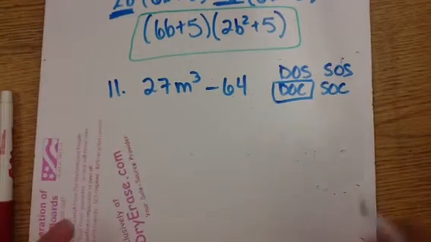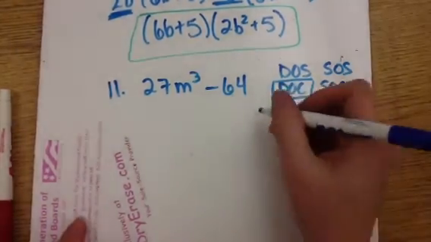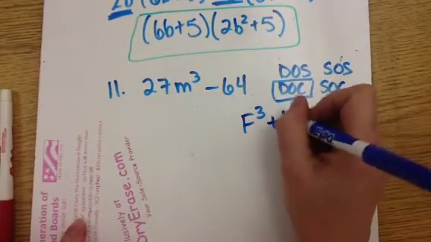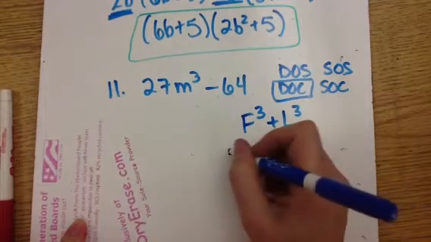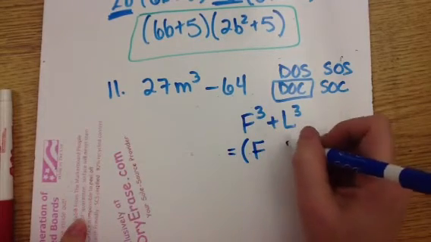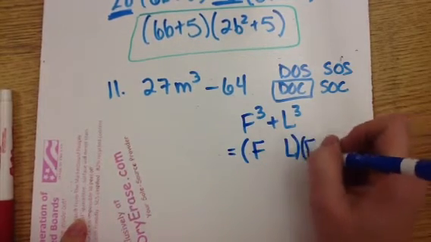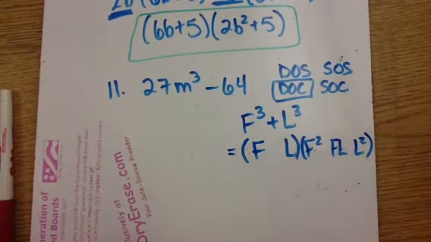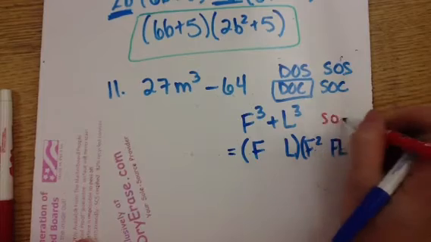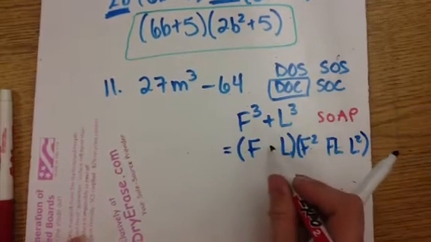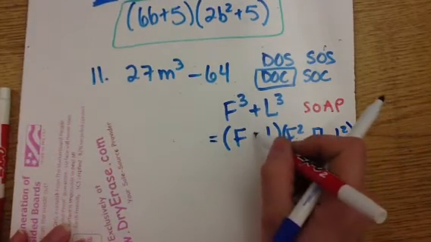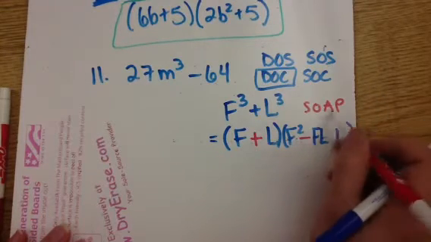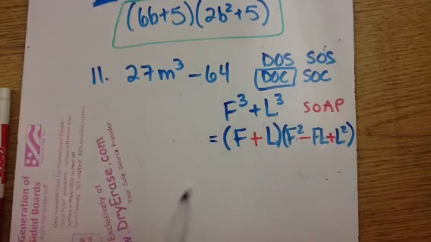Now remember, on sum of cubes and difference of cubes, the formula for that, if we have F cubed plus L cubed, we fill it in with F, L, and then F squared, F, L, L squared. And then we fill in the gaps with SOAP. So the first sign is the same as the problem. Second sign is opposite of the problem. And the third sign is always positive.